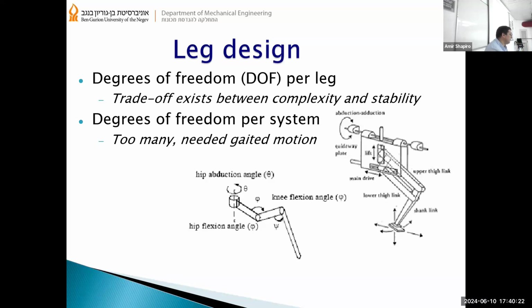So we may have a constant gait pattern in which the robot will move according to a predefined motion, or we may want to adapt to the terrain, to the surface, and then we need to control all the degrees of freedom.